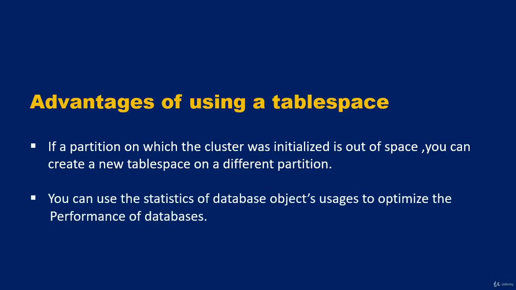The second distinct advantage of using tablespaces is that you can use the statistics of database objects, the usage of the database object, to optimize the performance of the databases.